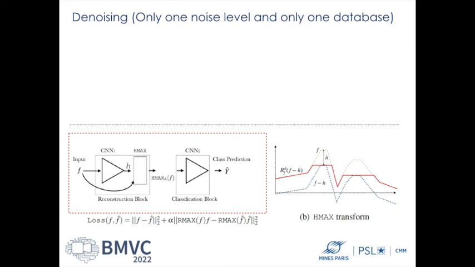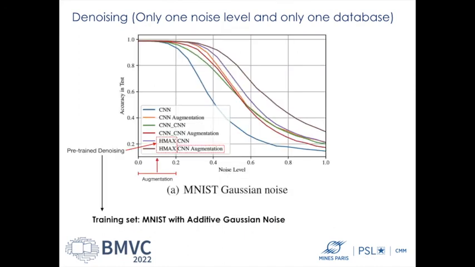This is known in classical image processing books as the H-max transform. The results are presented in the purple line. And if the second network is trained with augmentation, we obtain the brown lines, with a performance far superior to the other models.